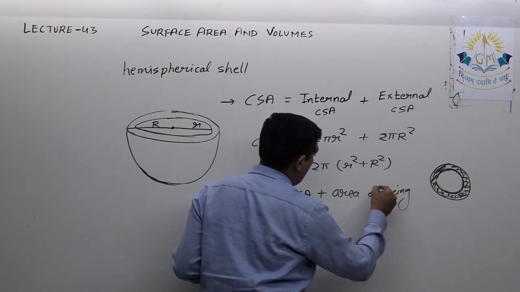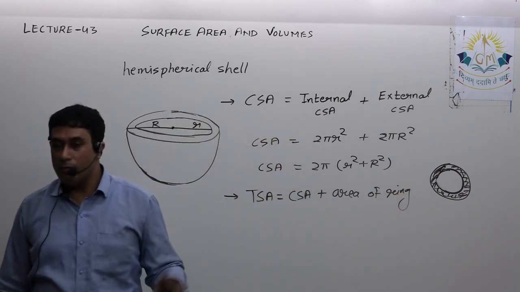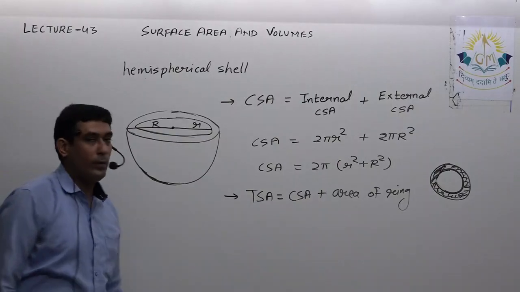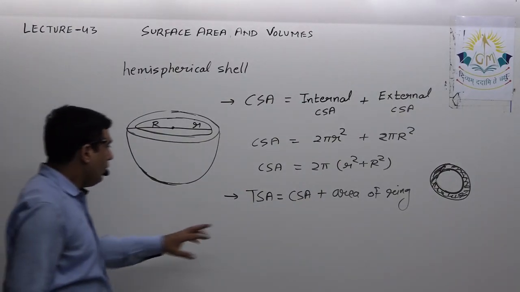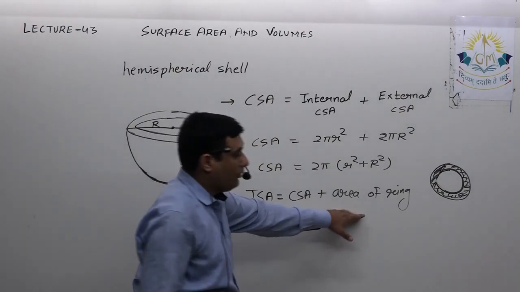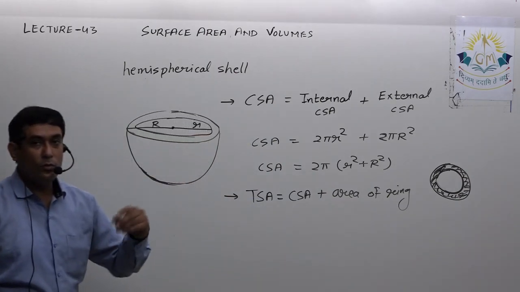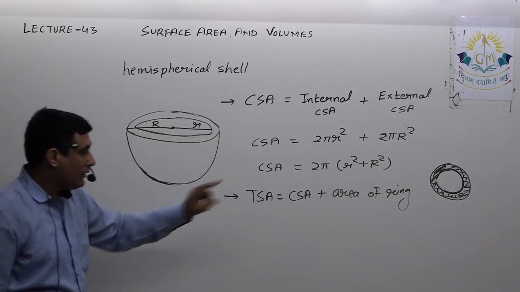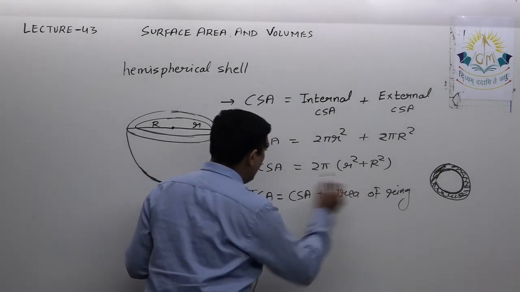Area of ring. We also saw this in a hollow hemisphere. Over there we took twice the area of the ring because there were two such rings, but here there is only one ring, that's why I wrote only area of ring.